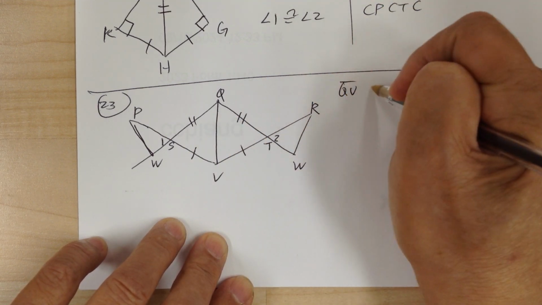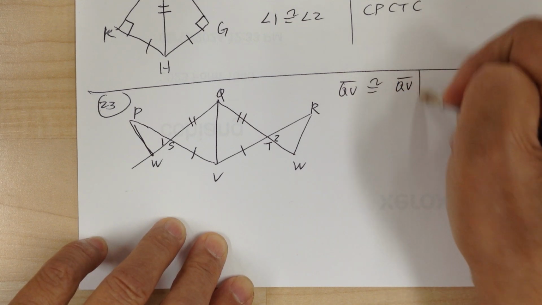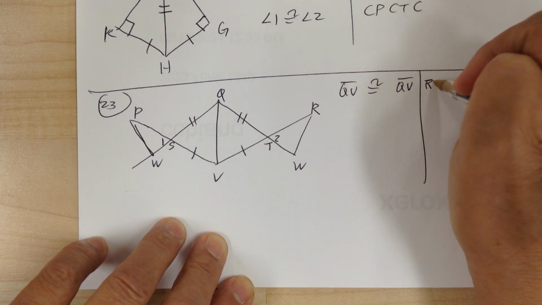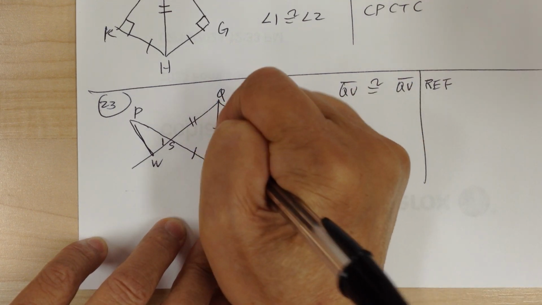First you say QV is congruent to QV, and the reason is reflexive.